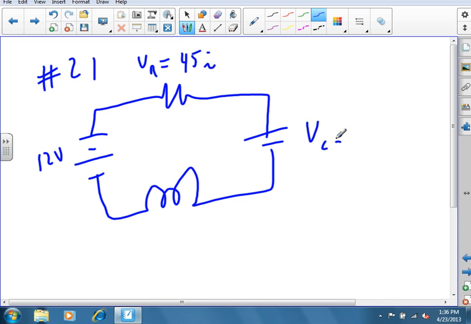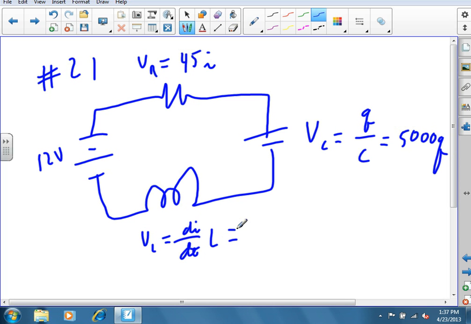The voltage across the capacitor is Q over C, also known as 1 divided by 2E minus 4, 5,000 Q. And the voltage across the inductor is L di dt, and L is 0.1, so it'll be 1/10 I prime.